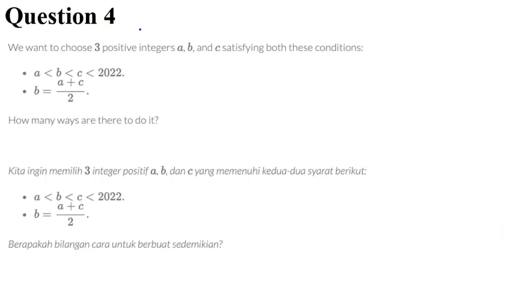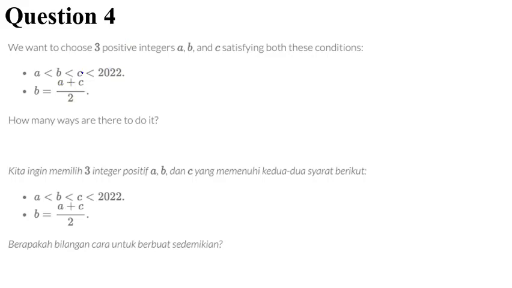Problem number 4 in the order of my PDF. We want to choose 3 positive integers a, b, and c, satisfying both these conditions: a is less than b, less than c, less than 2022, and b equals a plus c over 2. How many ways are there to do it?